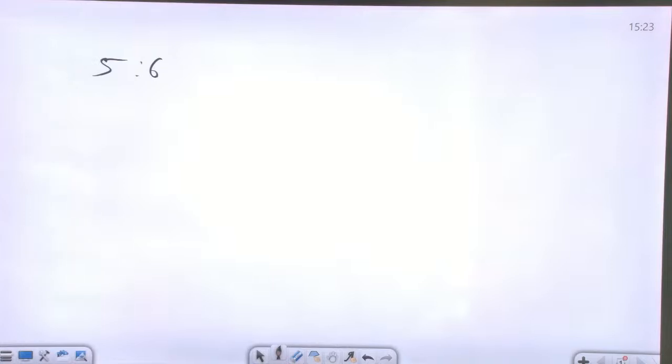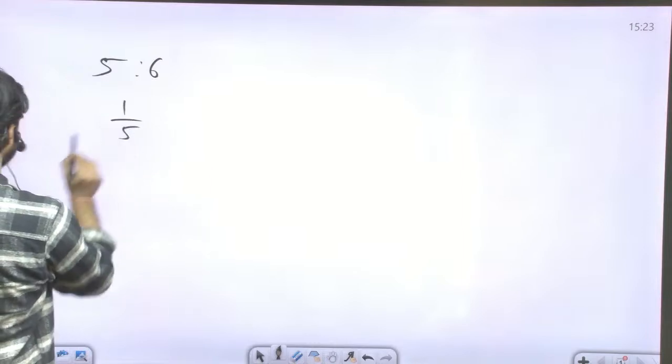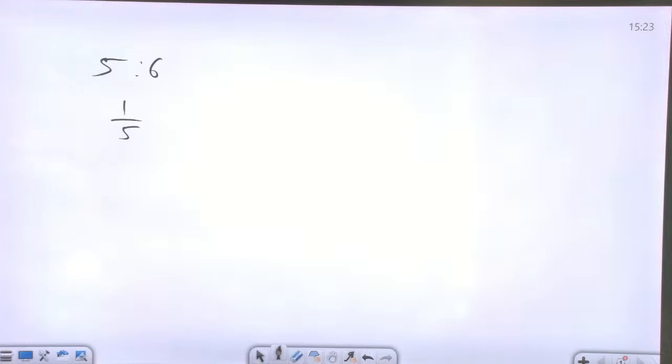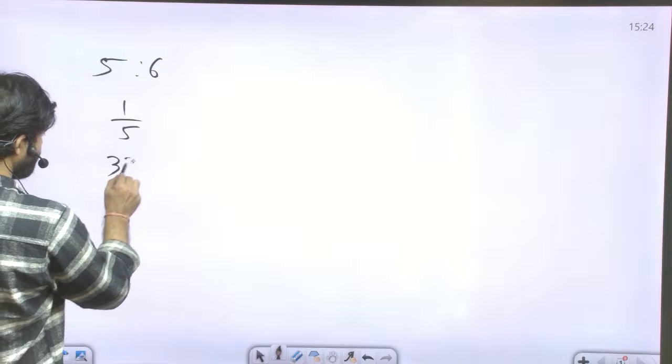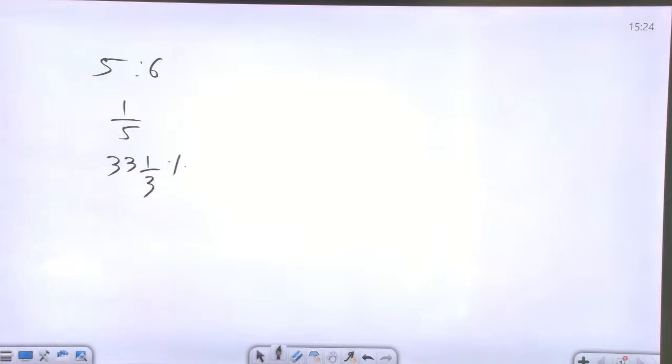After 4 months, A withdraws 1/5 of his capital, while B increases his capital by 33 1/3 percentage.